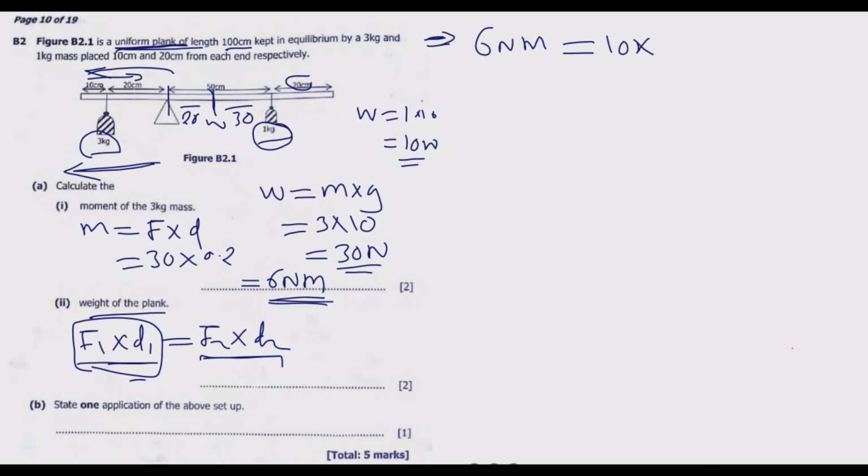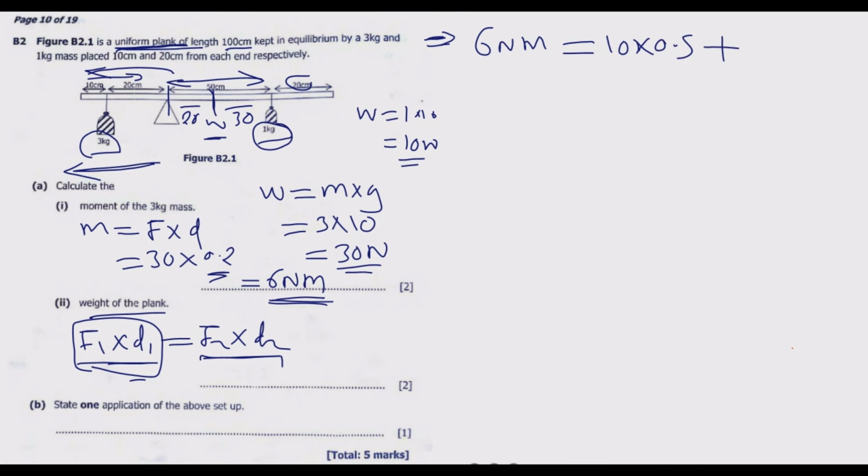So we have 10 Newton multiplied by the distance to convert it to a moment from the pivot, which is 50 centimeter. Similarly, like we did on this one, we convert that to meters by dividing by 100. So we have 0.5 meter. Then plus, now the weight of the plank.